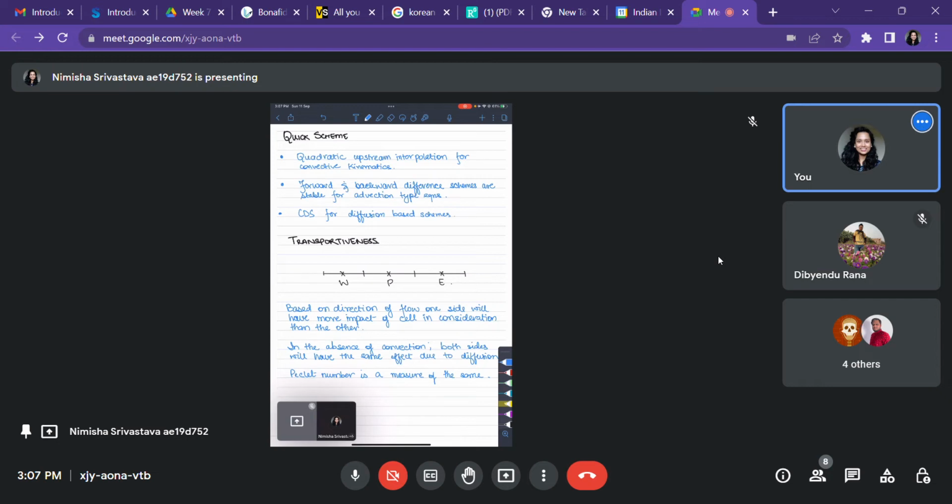We have to look at stability, consistency, and also convergence, which are related to each other. That was the takeaway from whatever we were discussing earlier.